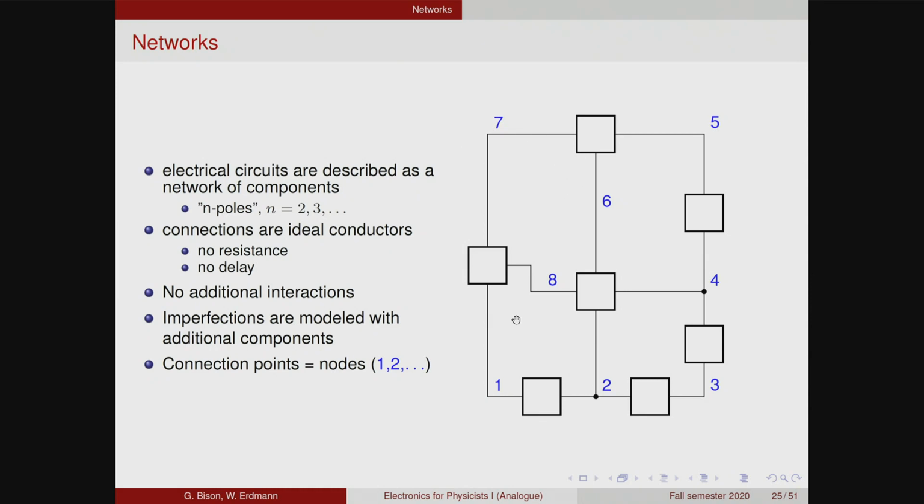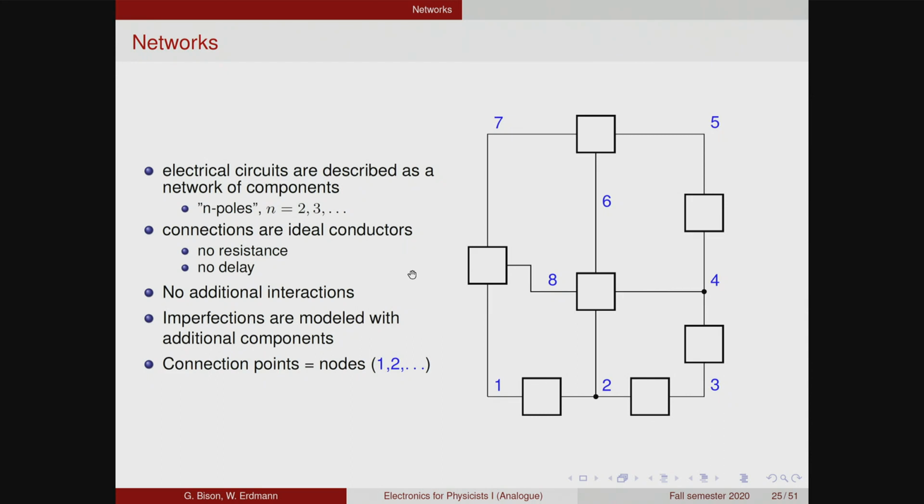There's a two-pole component here, which has two connections, and this thing has four connections, so it's a four-pole. In principle, there can again be an electrical network inside. So it's an abstract picture of what an electrical component can be, and it's basically termed by the number of connections it has to the outside.